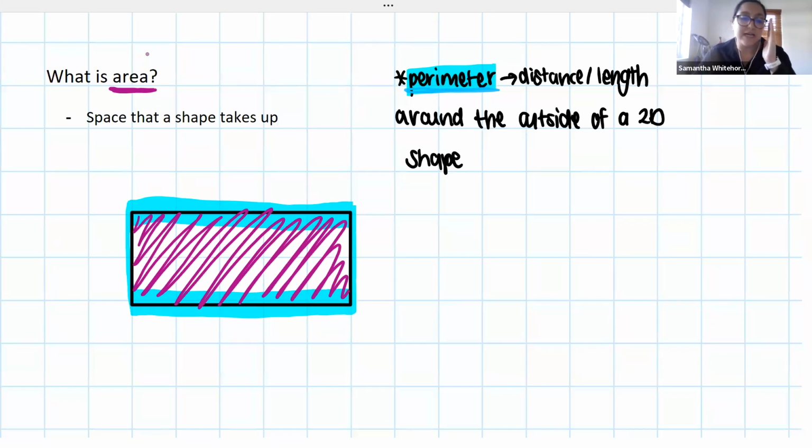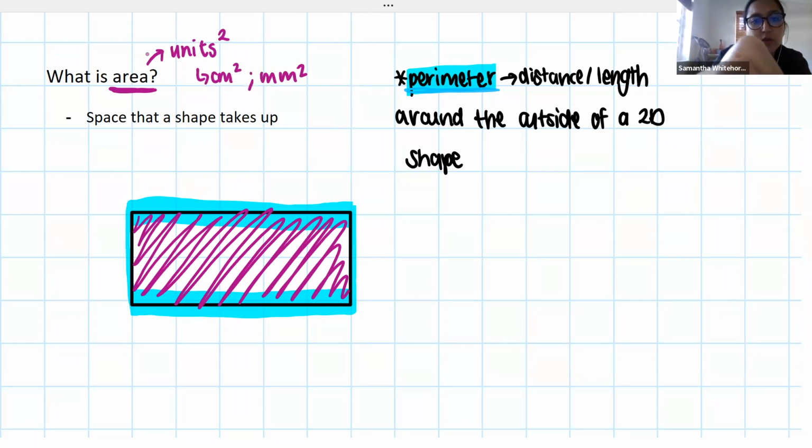Very importantly as well, area is measured in units squared. Okay, so this might mean that it's in centimeters squared, millimeters squared, meters squared, etc. But it's measured in units squared.